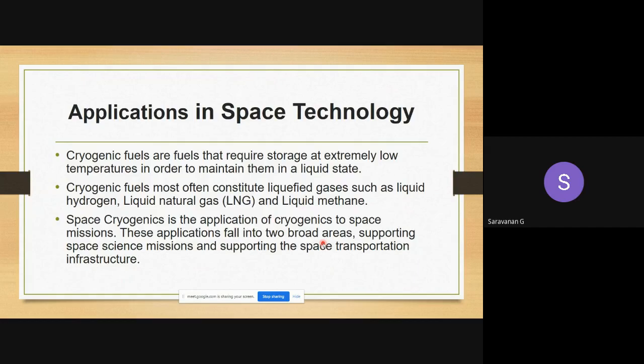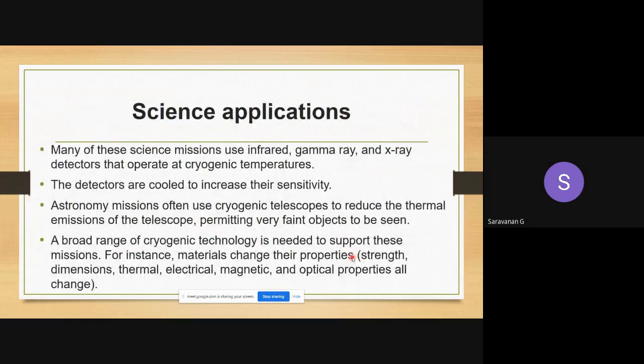The applications fall into two broad areas. One is supporting space science missions, and the other is supporting space transportation infrastructure. So one way of application is space science missions, and the other is space transportation infrastructure. We are going to discuss these one by one in the forthcoming slides.